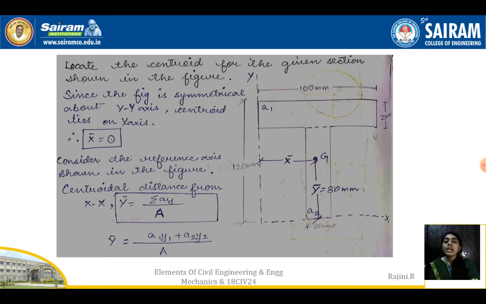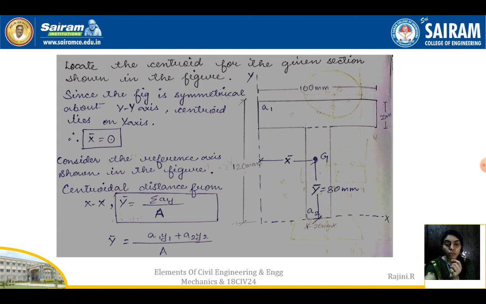So we have taken the reference axis. Now x bar, as I told, no need to find. Please understand this. X bar means it is exactly 100, so it is 50, so no need to find. So only y bar.